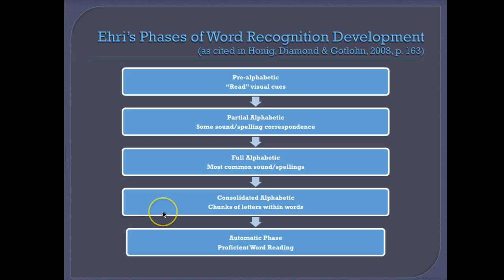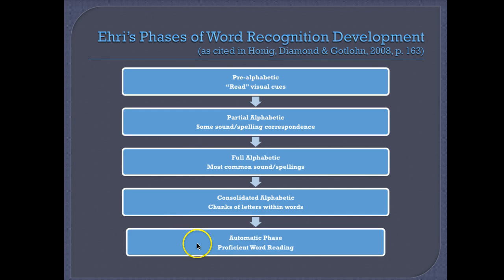Here they are looking for multi-letter patterns and chunks within words. So think about the full alphabetic phase where they're attending to each letter in the word, but here they're looking for patterns and chunks within words.